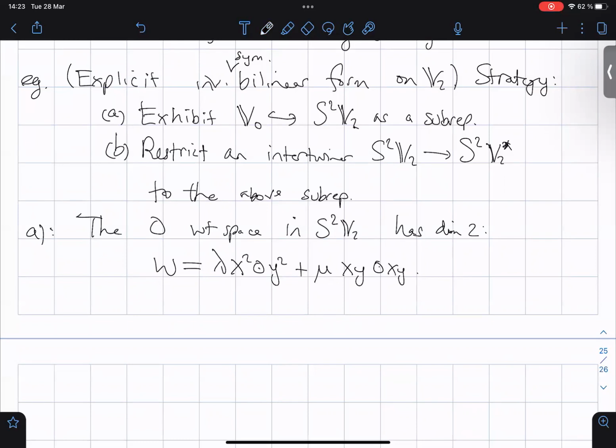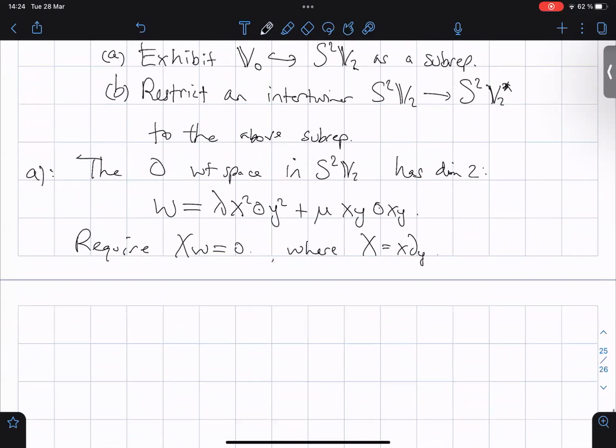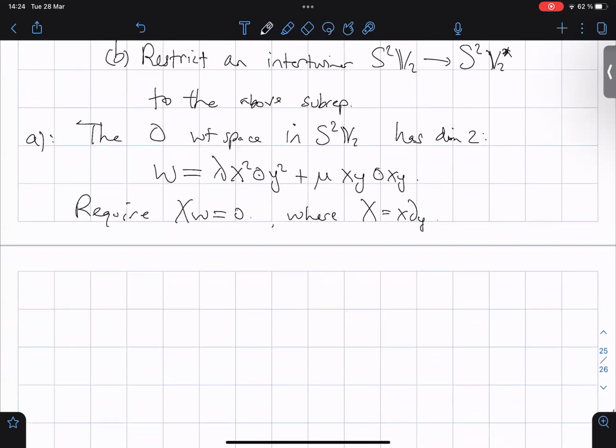And then, for this to span a trivial representation, we're going to require x acting on this W to equal 0, where x is this differential operator we had before: differentiate with respect to y, and then multiply by x.